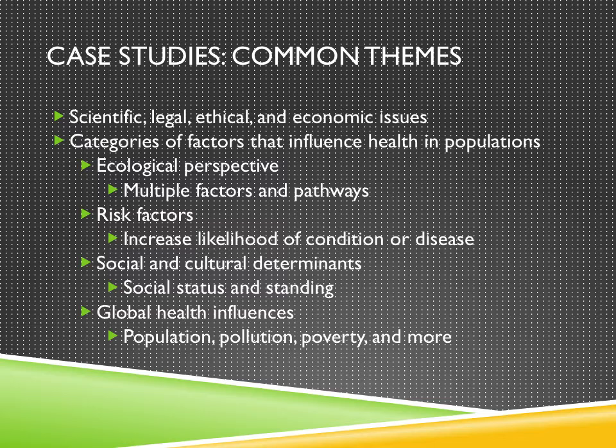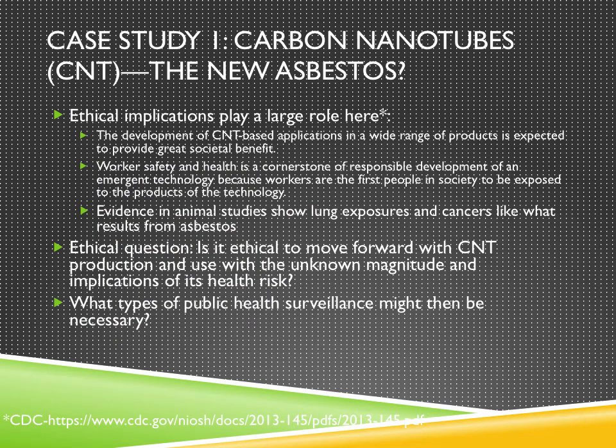And we look toward global health influences, like population, pollution, poverty, just to name a few examples. For this unit, we want your attention to be directly focused on the categories of factors that influence health in populations.